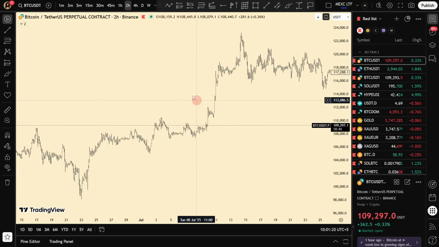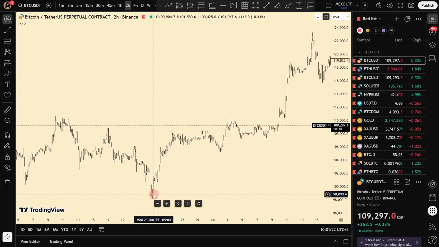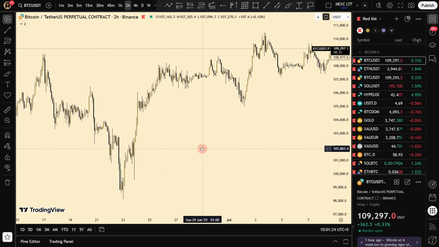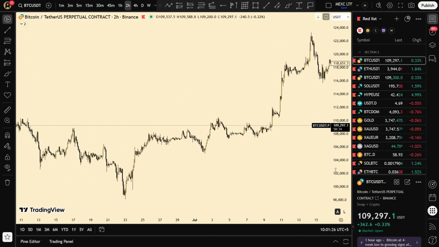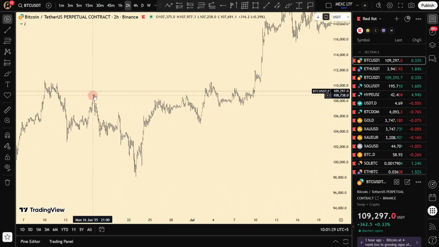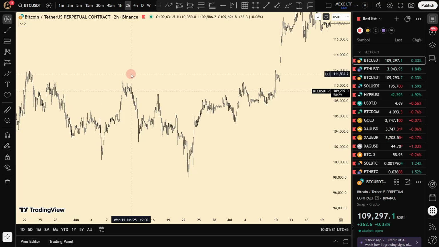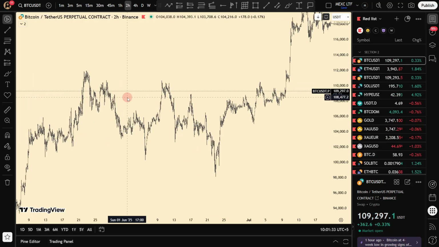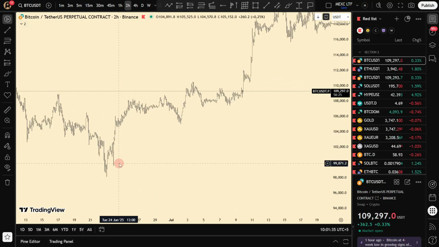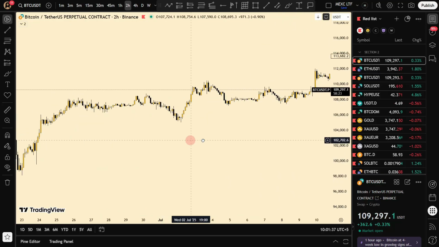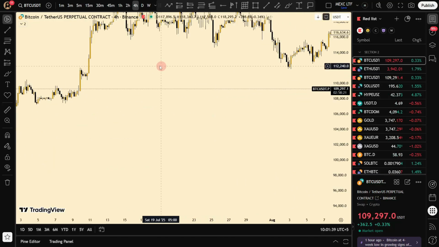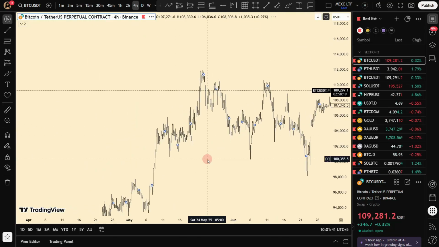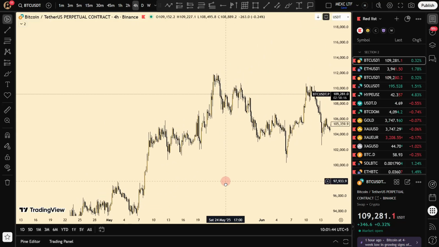Let's start from here. Where should we start? Let's start from this point. Actually, go to the 4 hour chart and then we start.